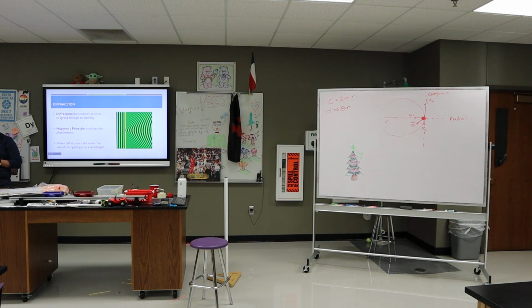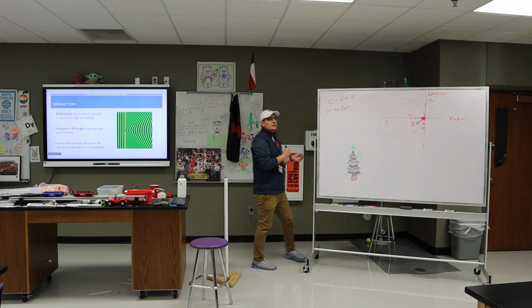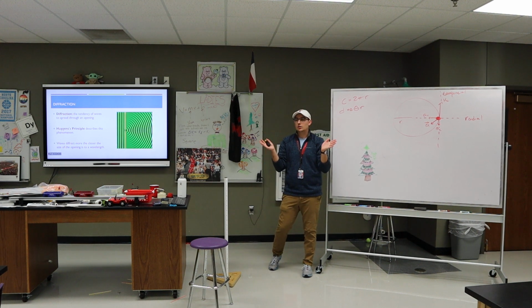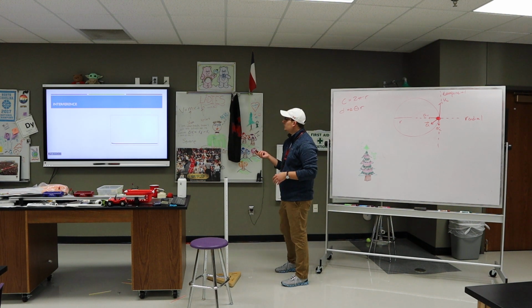That's because of diffraction. It's not something that humans were ever aware of until we had the technology to see it, but it is a thing. All right. So diffraction, important point is that as waves travel through an opening, they will spread out. And this is true of every wave, which means it's true of light, just not on the observable level with what we do.